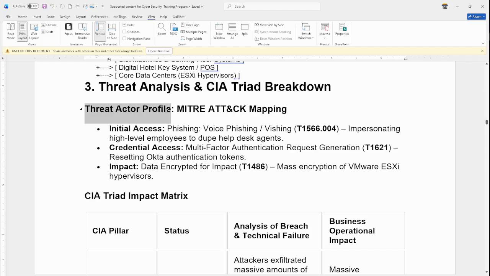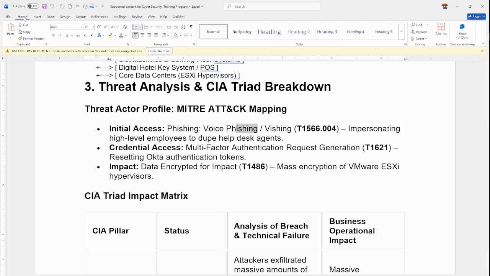Threat actor profile is the hacker profile, how he got the access. Phishing, this is voice phishing, or vishing as we call it, if you remove the VI and use SIH. This is how the vishing is done, targeting high level employees to dupe the help desk agent.